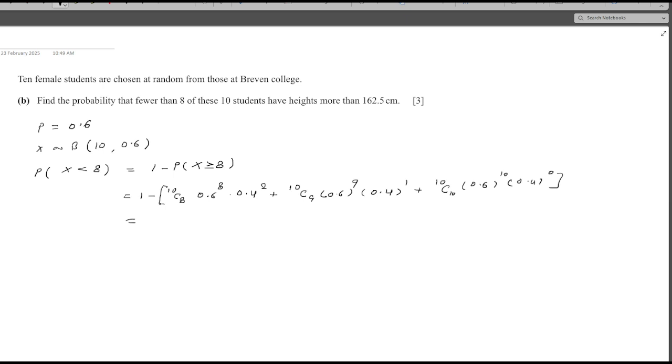The answer is 0.167. We will subtract this from 1 and we will get the answer as 0.8327, which is 0.833 in 3 significant figure. So the probability that X is less than 8 is 0.833.